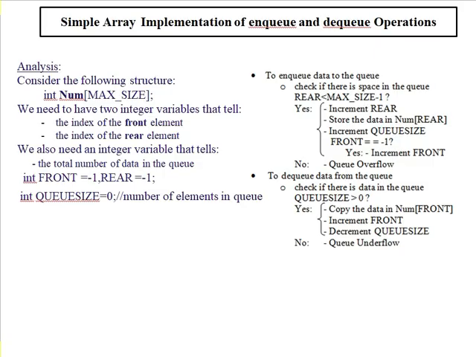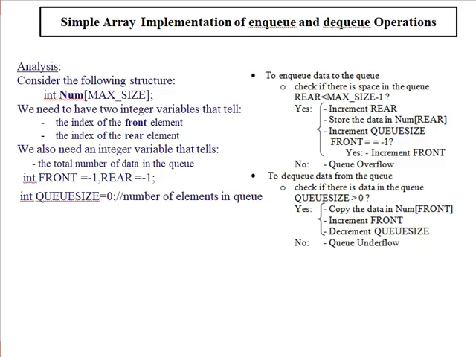So front is used as an index, and it is changed here during the enqueue operation. It is just incremented or adjusted in its position. So whenever data is there inside the queue, the front variable will be pointing to the element that is in the front position of the queue.